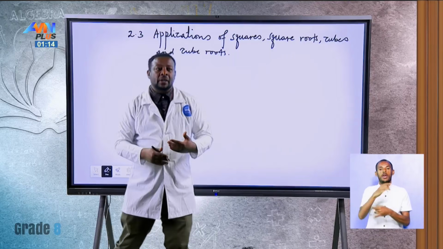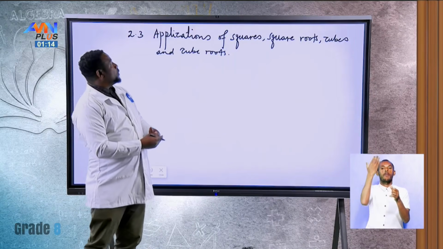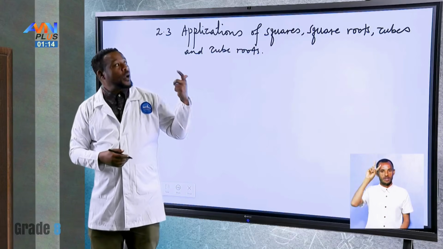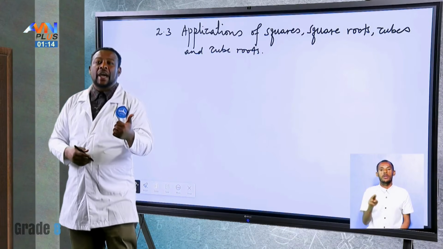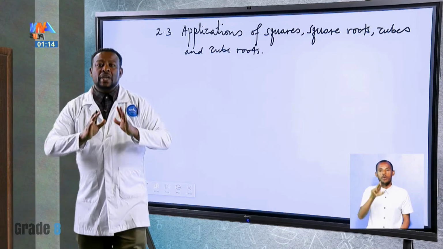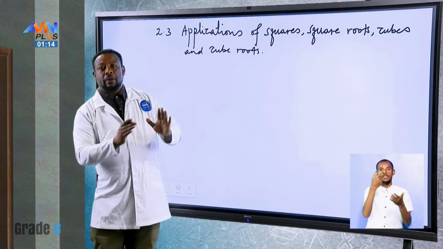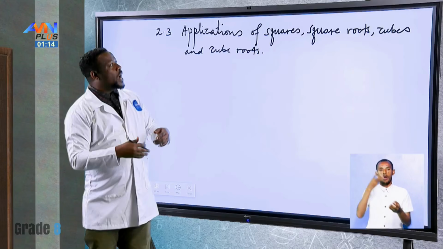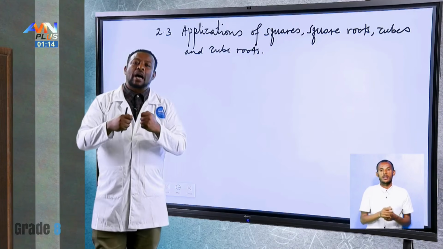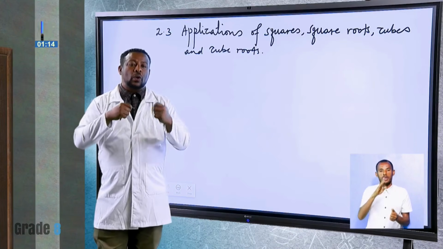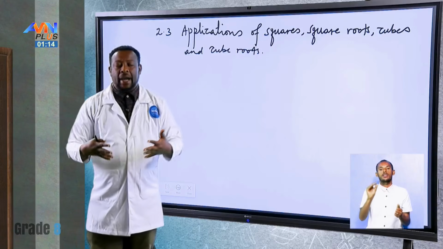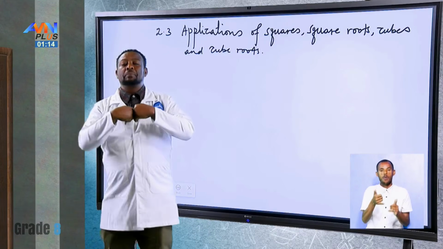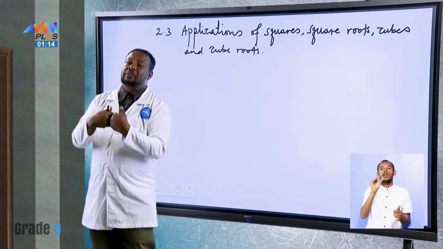If you remember, in our previous class, we have seen the concept of squares, square roots, cubes, and cube roots. We have seen this concept in 2.1 and in 2.2, and we have also seen how a number can be squared, how square roots can be calculated, and how cubes and cube roots can be calculated for different rational numbers.